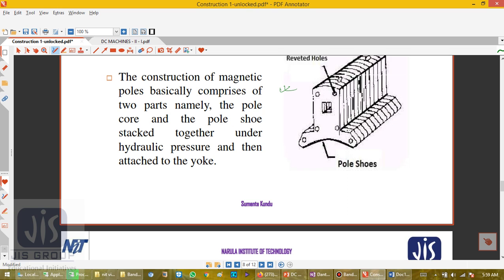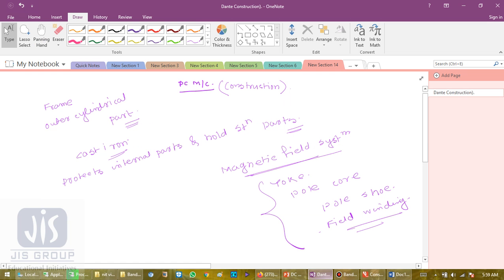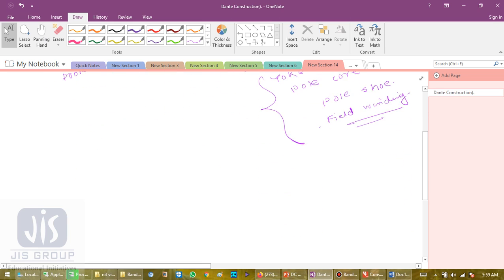So first, pole core. So what is pole core? This is the fixed part with the yoke. So it is the part of the pole which is fixed in the yoke.